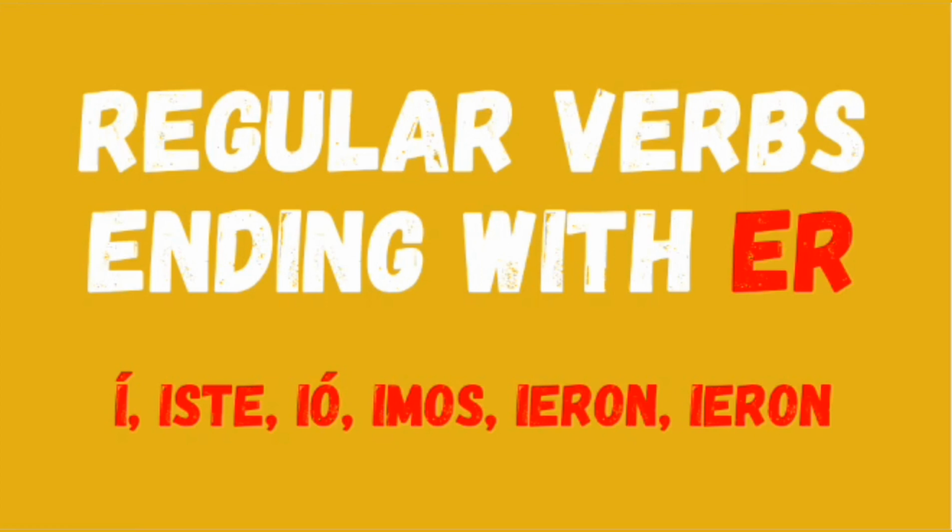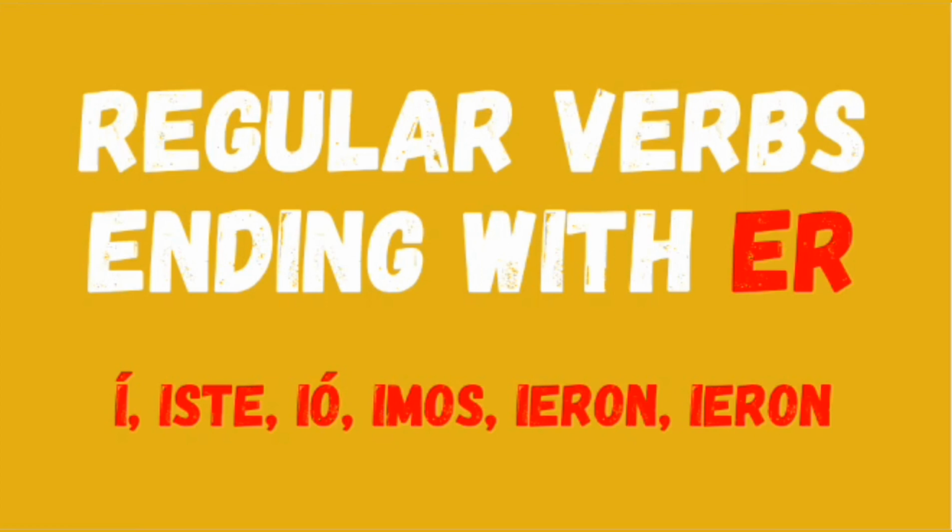Okay, if you have the personal pronouns he, él, she, ella, it, eso, the third persons, then your verb is going to end with letter I and O with an accent, ió. If you have the personal pronoun we, which means nosotros, then the ending of your verb will be imos.